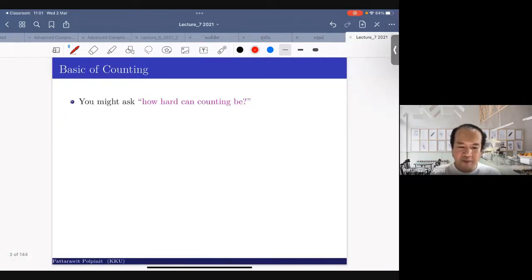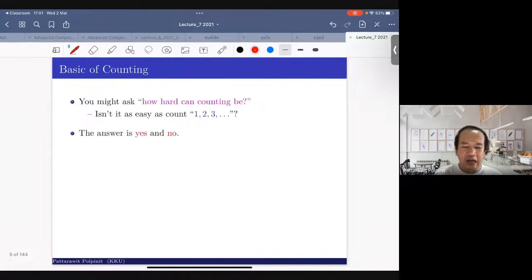So let's see what probability is and why I named this one basic counting. In order to find the probability, you have to be able to count what you want to know. We're not going to count 1, 2, 3, 4, 5 like that.